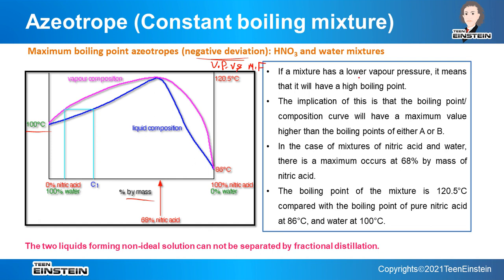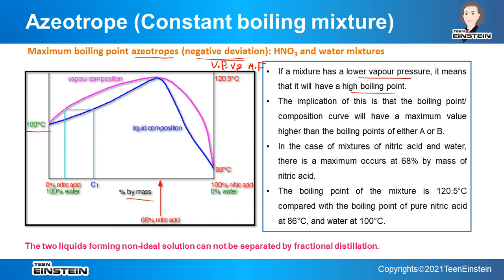So if a mixture has lower vapor pressure, that means negative deviation in the vapor pressure composition curve. That means obviously it will have higher boiling point, because lower is the vapor pressure, higher is the boiling point. It is inverse. So that is why the azeotrope that we will get will have maximum boiling point.